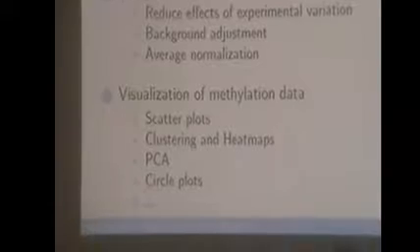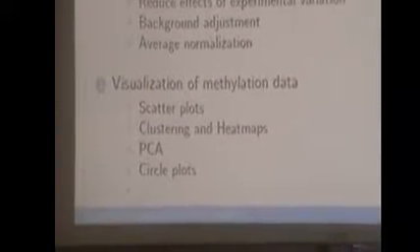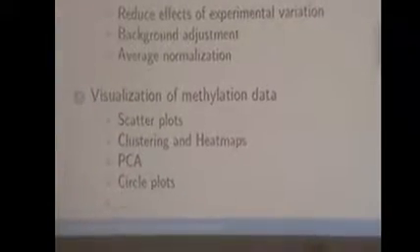So the next step you can do is just to visualize your methylation data, to explore it a little bit. What you could do is scatter plots to compare samples with each other, or just some clustering or heat maps, as you can see here, for your different conditions, where you might already see differences in general methylation patterns. Or here you can see a classification where you have different conditions you were looking at.